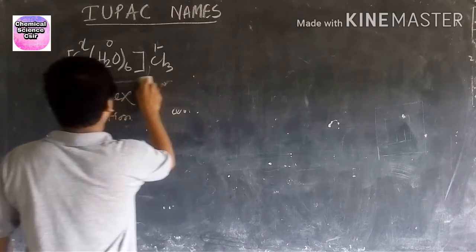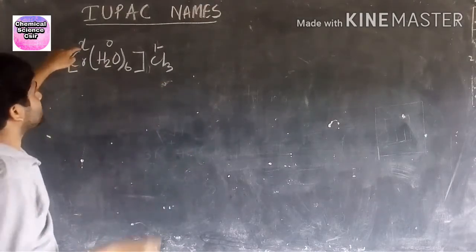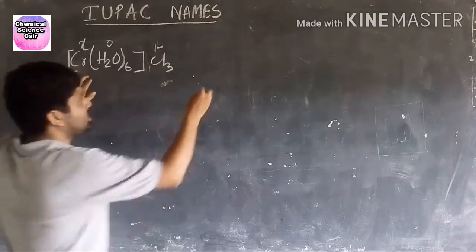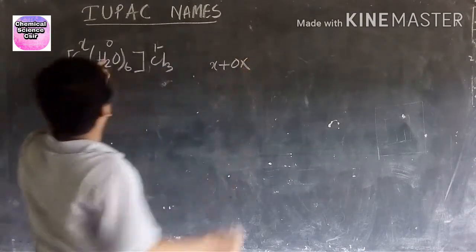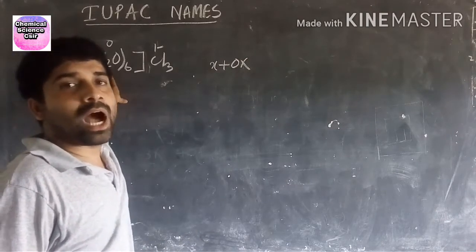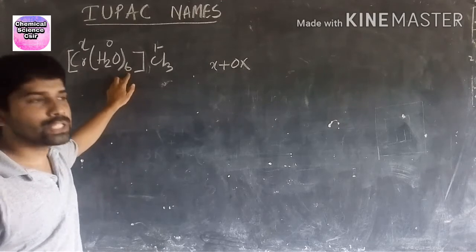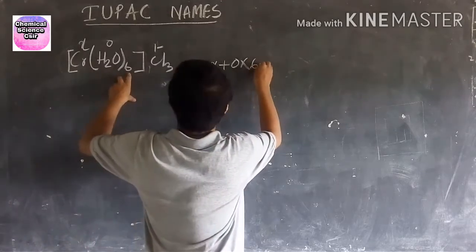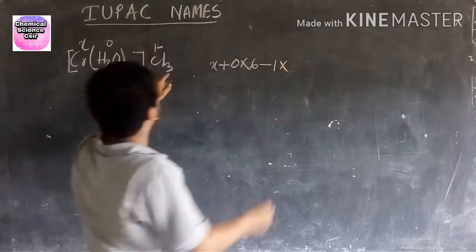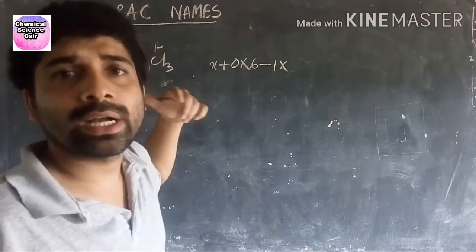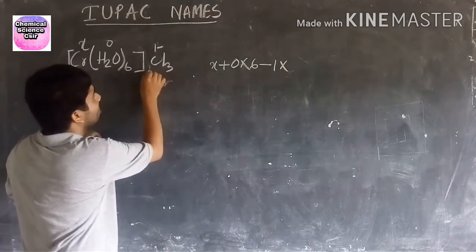Now you can find the oxidation number of X: X plus 0 into the number of ligands attached with chromium, which is 6, then minus 1 into the number of counter ions. These are called counter ions.